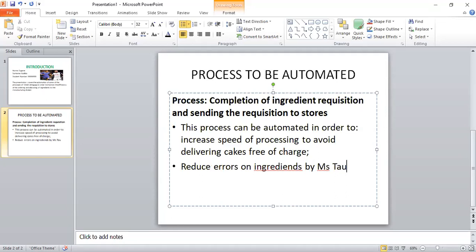Like maybe on that day she's having pressure, although she knows the recipes, but as I said, there can be many recipes.